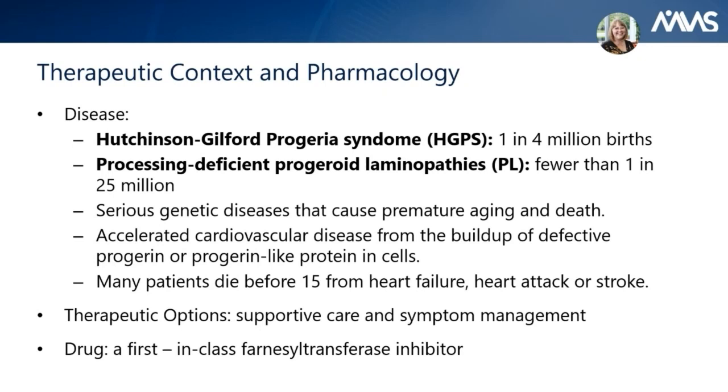These patients experience accelerated cardiovascular disease from a buildup of the defective proteins in the cells of the heart. Tragically, many patients died before the age of 15 years from heart failure, heart attack, or stroke. At the time of this application, there is only supportive care and symptom management available.